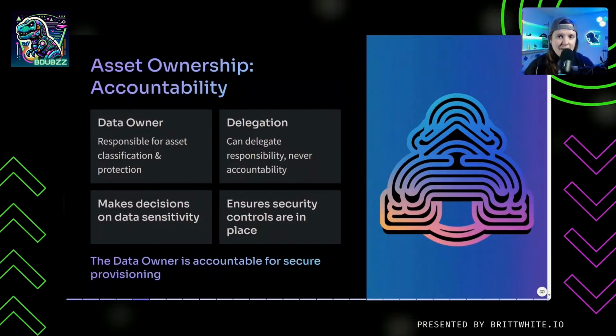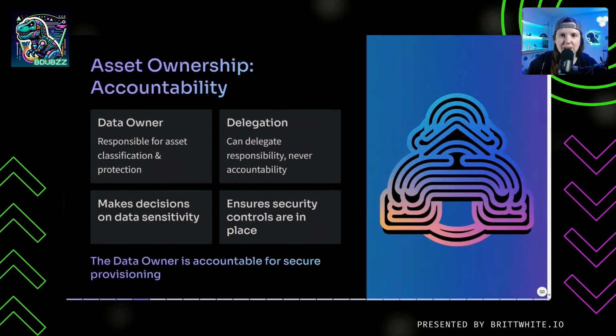Is it top secret, confidential, or is it public? And they're responsible for making sure the right security controls are in place. They might delegate some of the day-to-day tasks, like backing up the data, to someone else, but ultimately, they're the ones on the hook. Remember, a data owner can delegate responsibility, but they cannot delegate accountability.